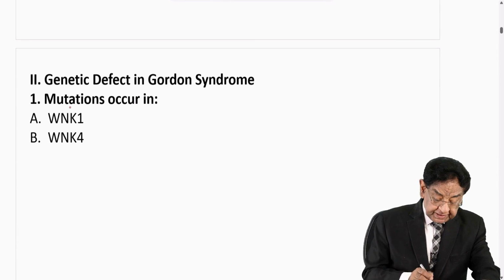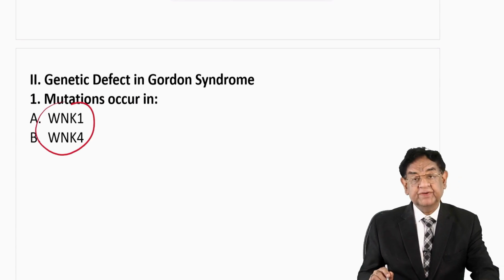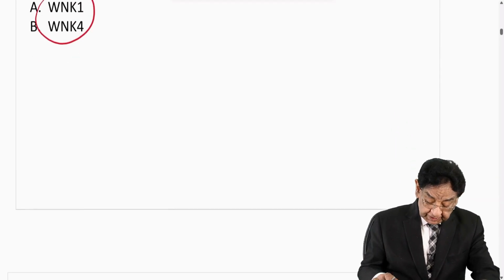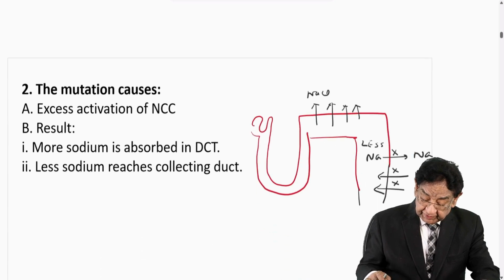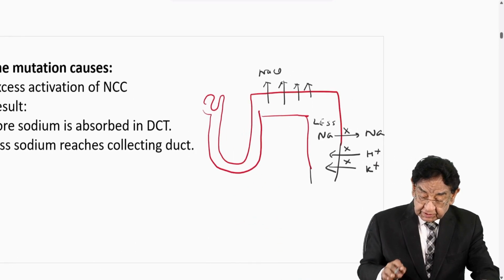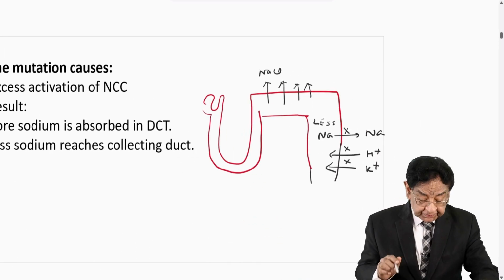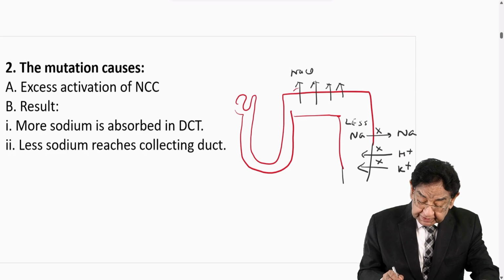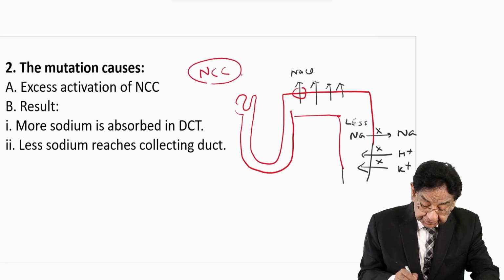There is a mutation in the WNK1 and WNK4 genes. Now what do they do? Remember, we read that sodium chloride is absorbed by the NCC channel.